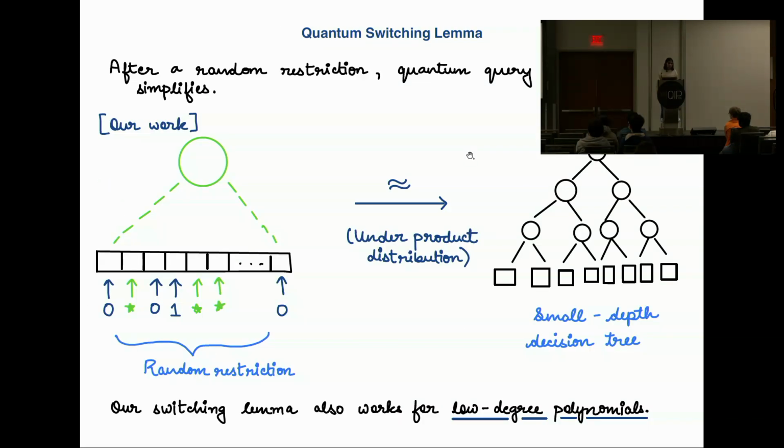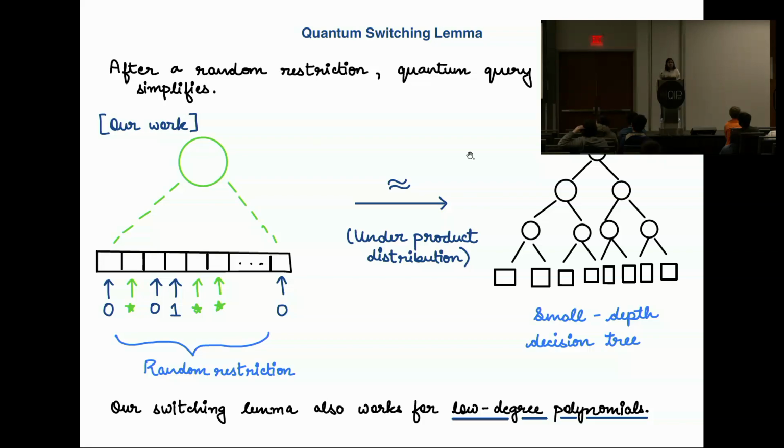We show a switching lemma for quantum query algorithms to help establish that certain functions are hard to compute for this class of circuits. So what does our switching lemma say? Suppose you have some quantum query algorithm and you apply a random restriction to its input bits, then with very high probability under the choice of random restriction, your function will become very close to a small depth decision tree.